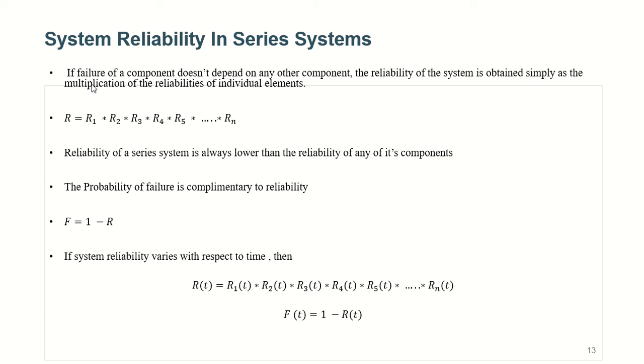Before you know it, it will be doomed. And one more thing: the more components or elements you connect in series, the worse the performance of your series will become. You can see the very fast drop of reliability in a system if you have so many components connected in your series system.